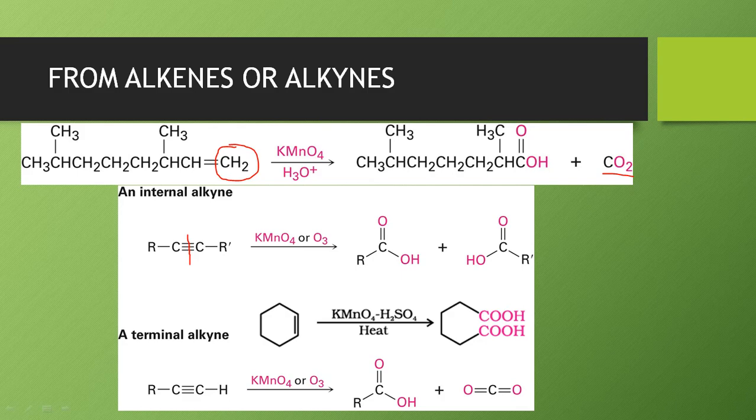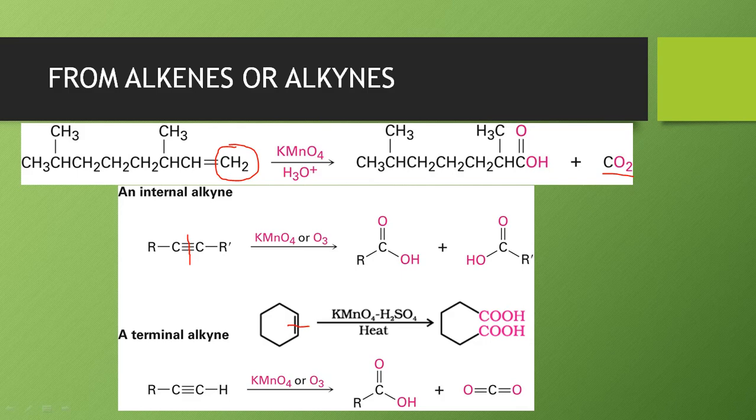Next reaction is with cyclohexene. Here with KMnO4 and sulfuric acid, this bond breaks. The molecule breaks from the position of the double bond and you get 2 carboxyl groups.